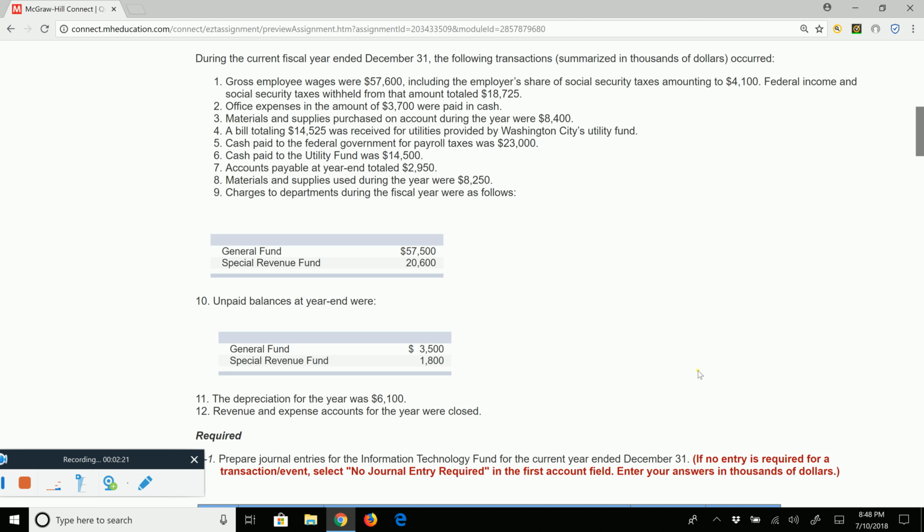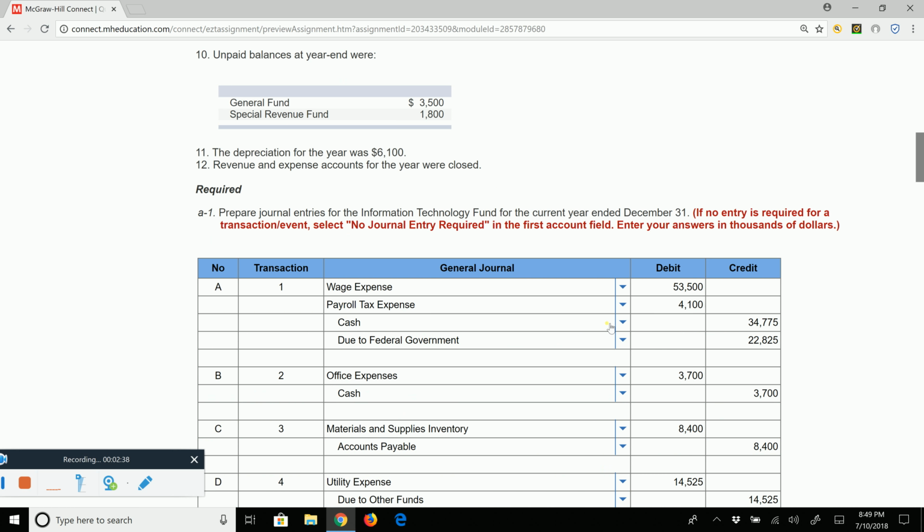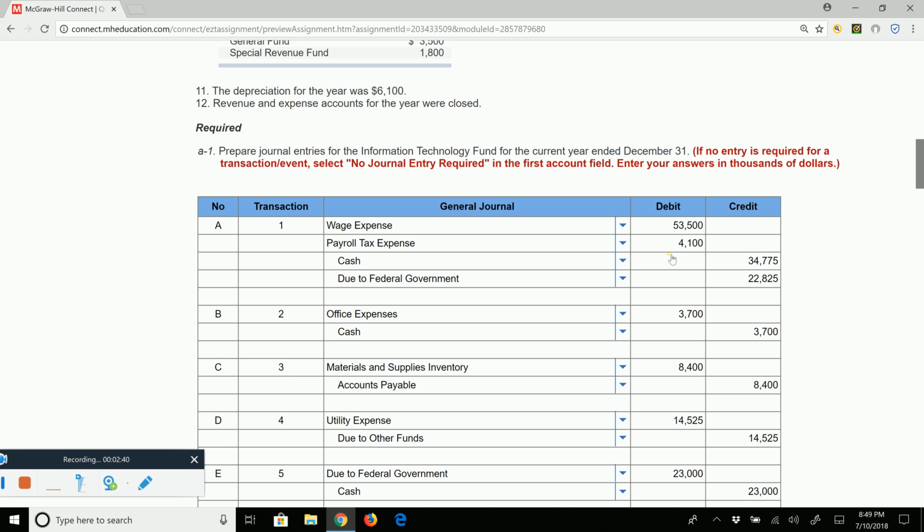Number one, gross employee wages for the year were $57,600. That includes the employer's share of $4,100 for Social Security taxes. Federal income and Social Security taxes withheld are $18,725. So we can see the journal entry here. The $57,600 is broken up into two expenses, the wage expense, and of course the employer's share of Social Security is the payroll tax expense.